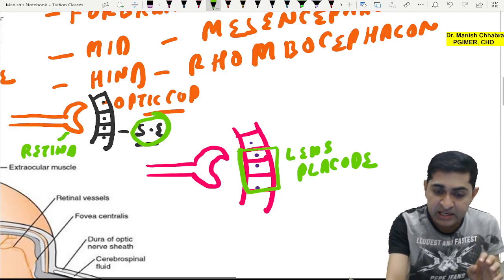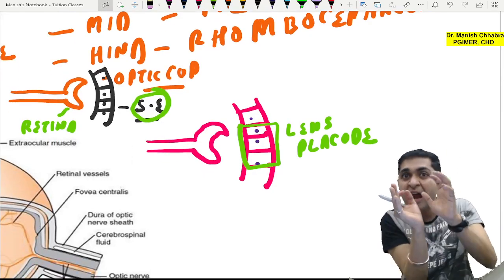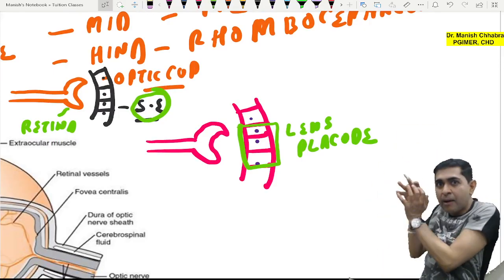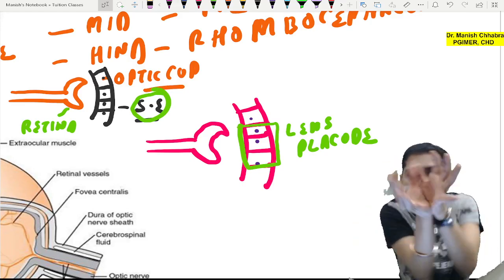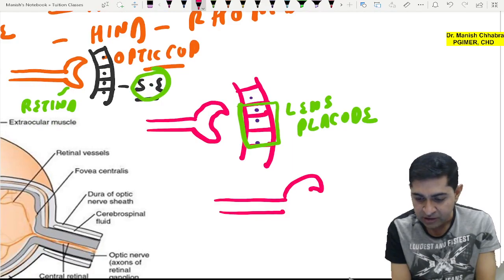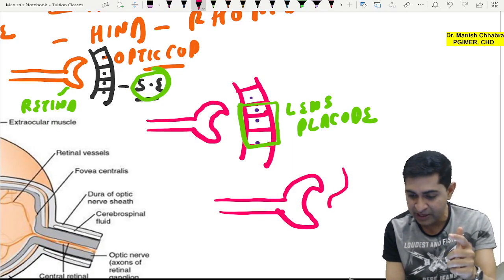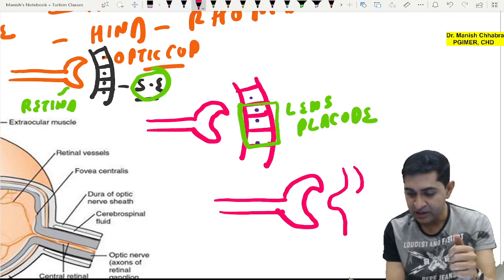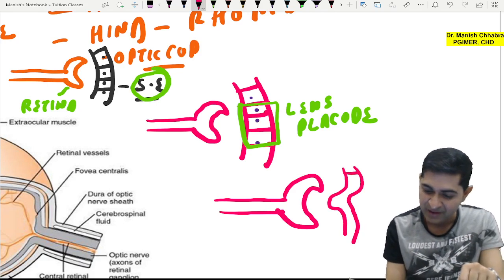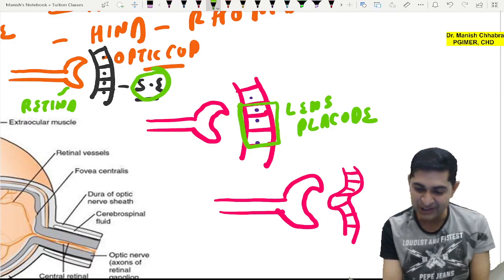Now these lens placode cells will turn inside so that they get detached from the surface ectoderm, and they come to lie in between the optic cup, just like that. Check this out, how beautiful it is. They are going to invaginate like this. You have to draw with me. I know you are very hard-working people and you will do it.